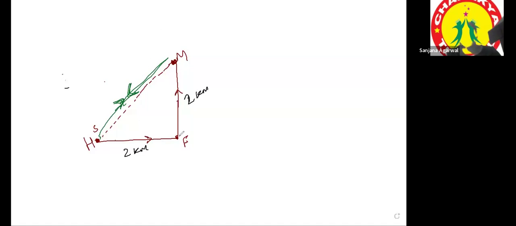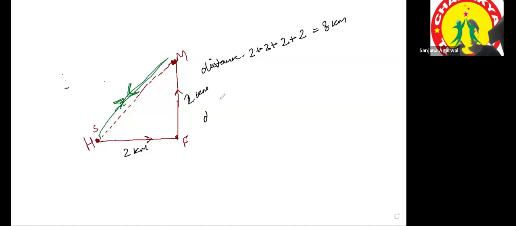I've covered 2 kilometers, then 2 kilometers, and back on the same path. So what distance have I covered? 2 kilometers plus 2, up to the market, then 2 back to my friend's house, then 2 back to my own place. So overall, 8 kilometers of distance I have covered, right?